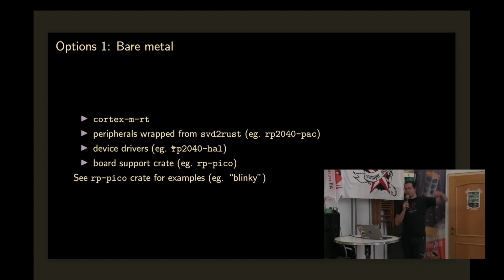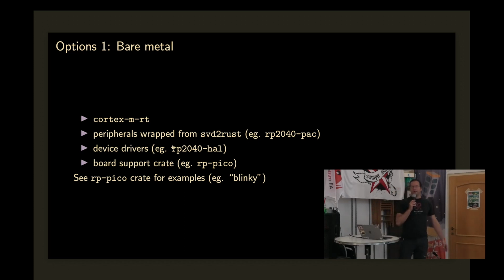On the stack, there's usually one crate that provides some runtime environment. I hope I've updated this correctly, and it's still the cortex-m-rt crate. This takes care of things like initializing your memory in the first place before you can assume that something is initialized and stuff.